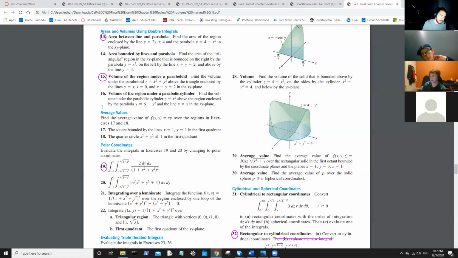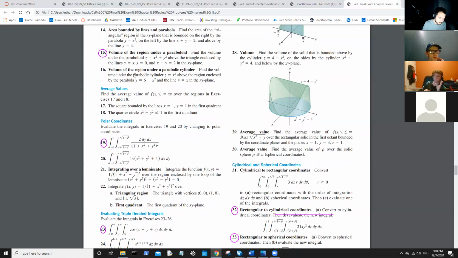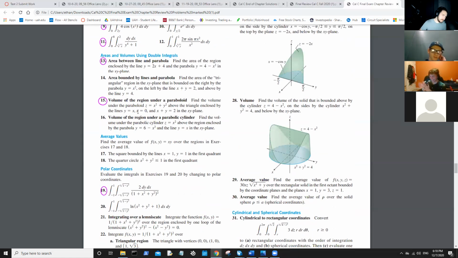So technically this is our inside, in terms of z. When it's not in terms of z, that's when we have to do a triple integral. Now that that's cleared up, we just need to draw our bounds.